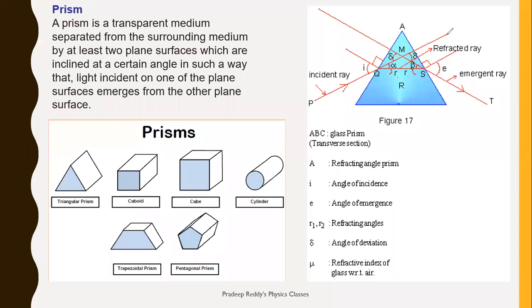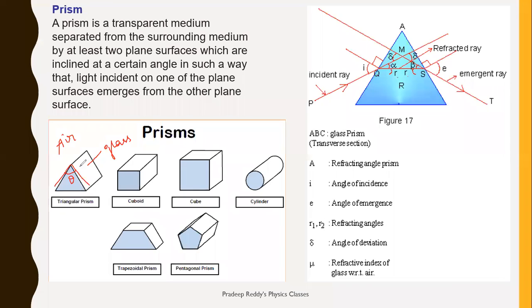A prism is a transparent medium separated from the surrounding medium. Remember that this is a prism. The surrounding is the air medium and this is the glass medium. It should have two plane surfaces. This is one plane surface, and another plane surface is inclined by an angle theta.